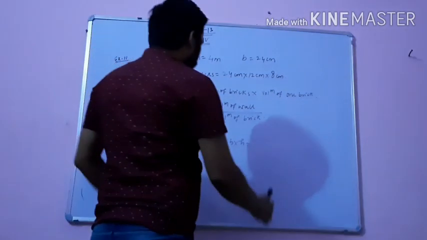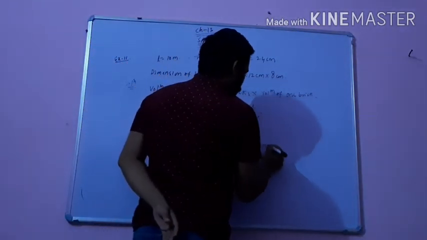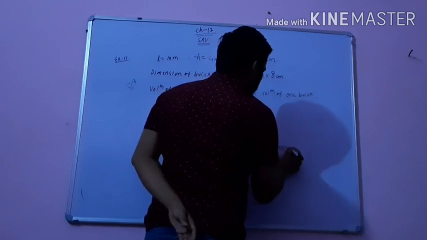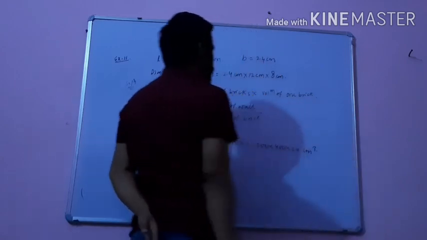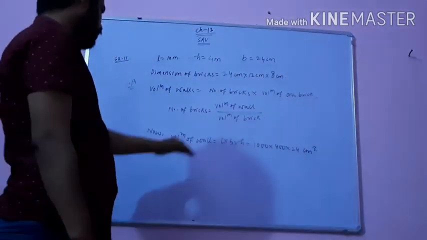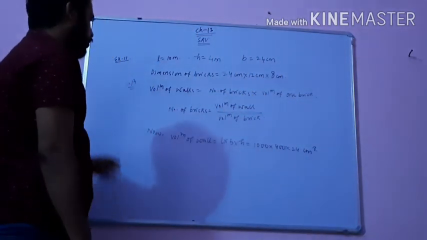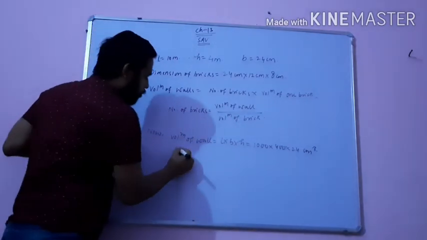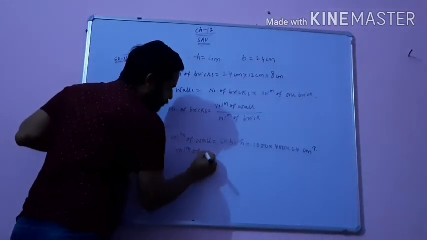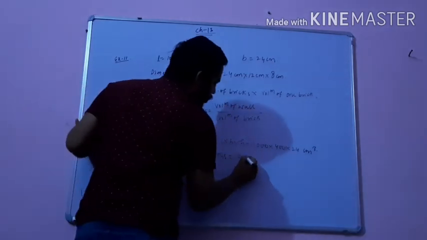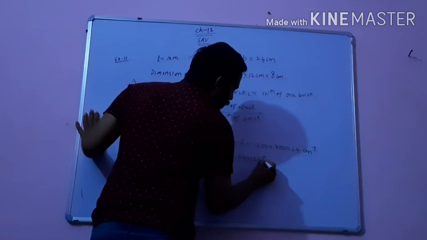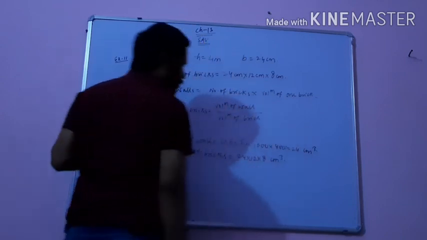So 10 meter will be equal to 1000, 4 meter will be 400, and 24 centimeter, so 1000 into 400 into 24 centimeter cube is the volume of the wall. Now the volume of a brick will be equal to 24 multiplied by 12 multiplied by 8 centimeter cube.